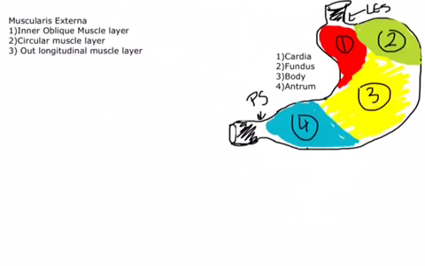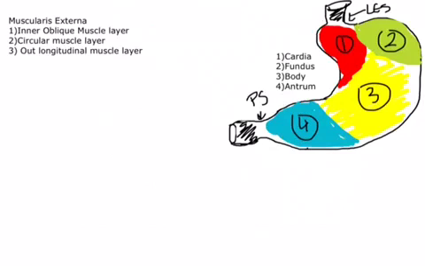It actually disappears when it gets closer to the antrum. So when we're in the antrum area, you won't see the inner oblique layer. There's the oblique layer, cardia to body, and then it starts to disappear. And it's kind of a diagonal layer.